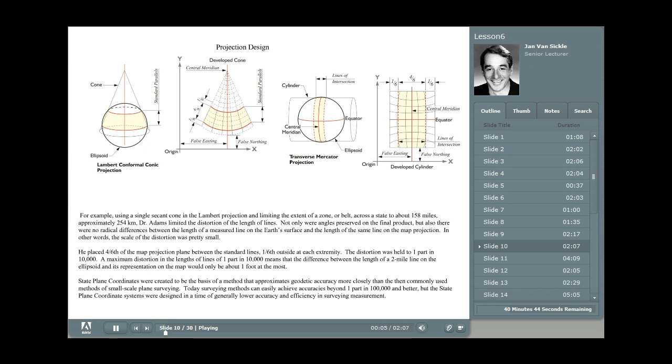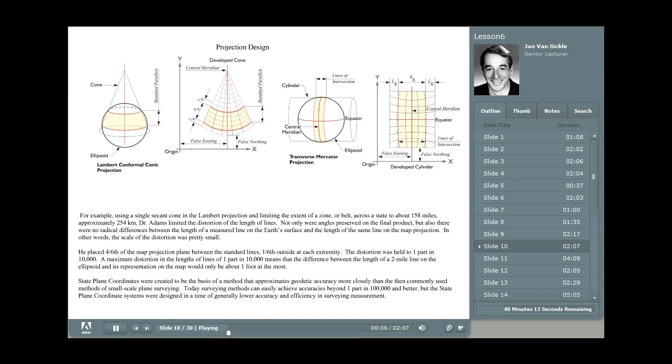Well, here we have a little bit more information on the actual design of the state plane coordinate systems as originally done by Dr. Oscar Adams of the Coast and Geodetic Survey some time ago. The first was done in North Carolina at the request of some highway engineers. Dr. Adams tried to keep the zones that he created to approximately 158 miles.